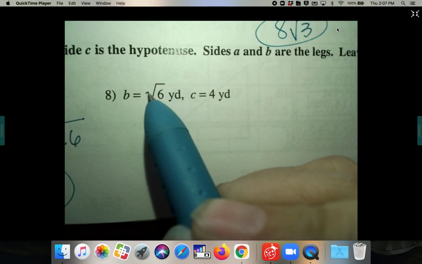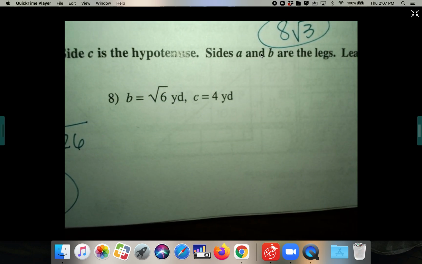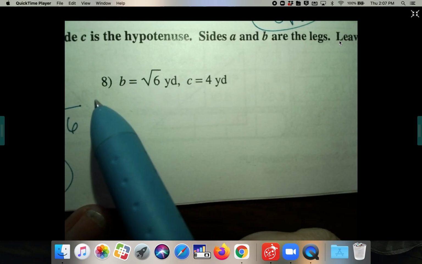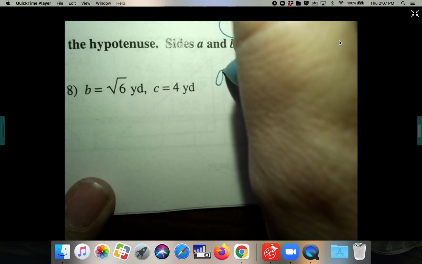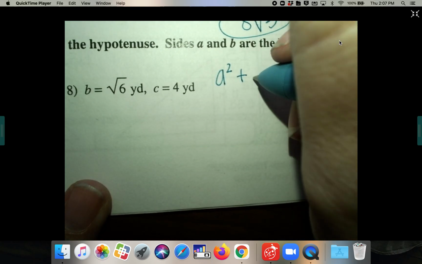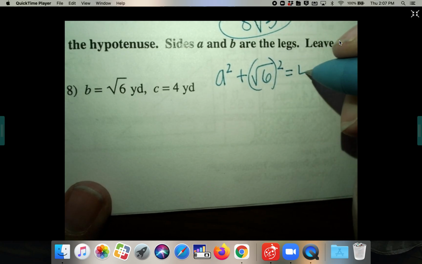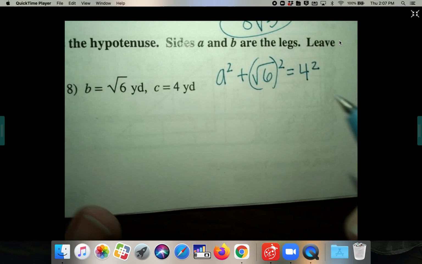All right, don't let this one scare you because it's already got a radical in it. Let's write it down, and I think this one actually might be easier than you think. So we're missing an a, which is a leg, so a squared plus root 6 squared equals 4 squared, because that's the c.